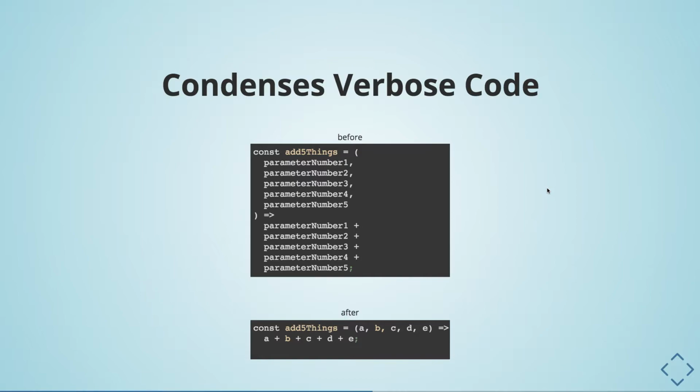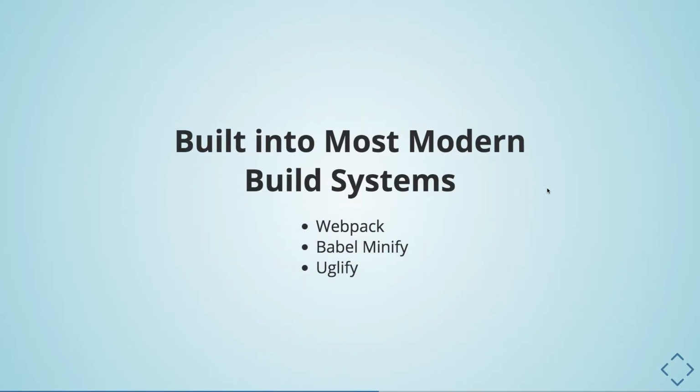You run it through a minifier. It safely looks for places it can optimize. So it replaces parameter number 1 with A, and so on and so forth. This is a very simplistic example of what it's doing, though. It's looking for safe places to swap out long variable names.